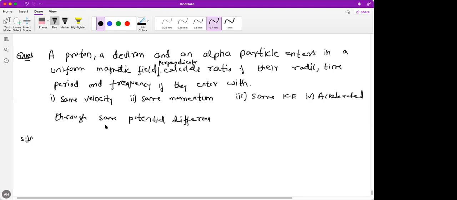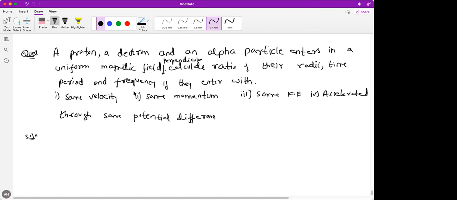Circular, right? So if a particle enters in a magnetic field perpendicular, then its shape would be circular. So all will have a circular path. You're supposed to calculate the ratio of time period, frequency, and radius. So let's first start with radius. First part, if they enter with same velocity.